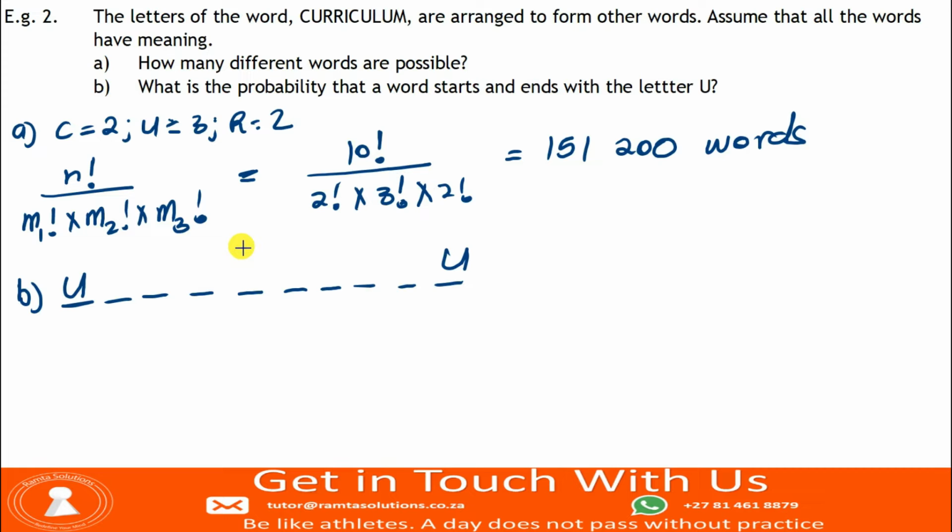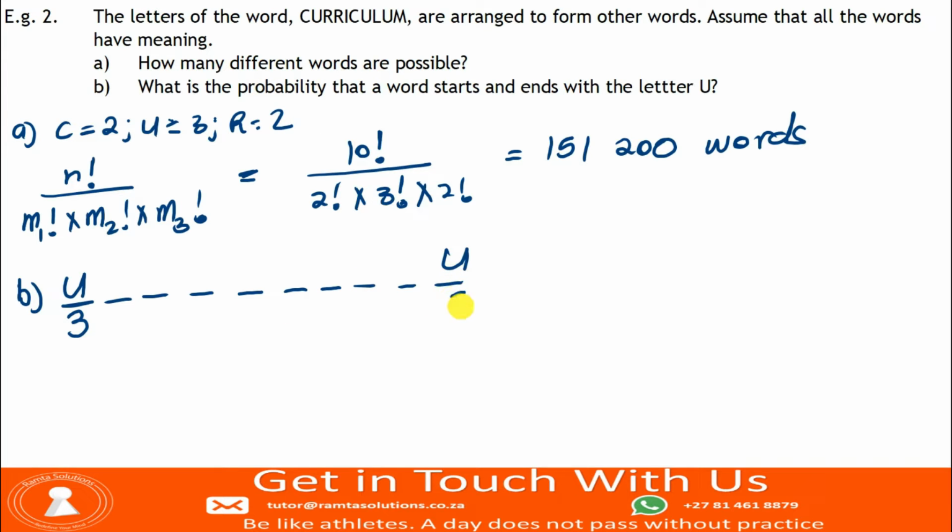For this word, you will recall, there are 3 U's. You take one of the 3, and when you take one of the 3, you are left with 2 of the 3 U's.